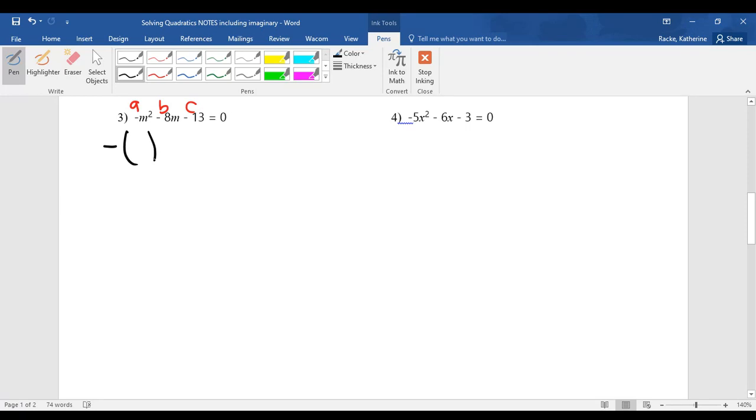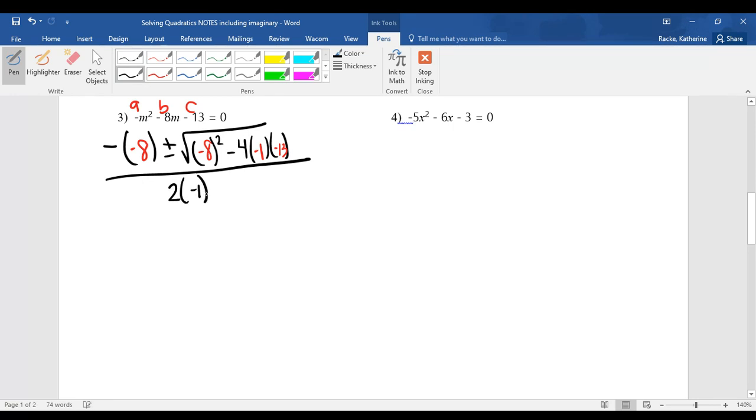Negative B value plus or minus the square root of B squared minus 4 times A times C. A is -1, C is a -13, all over 2A, so 2 times -1.